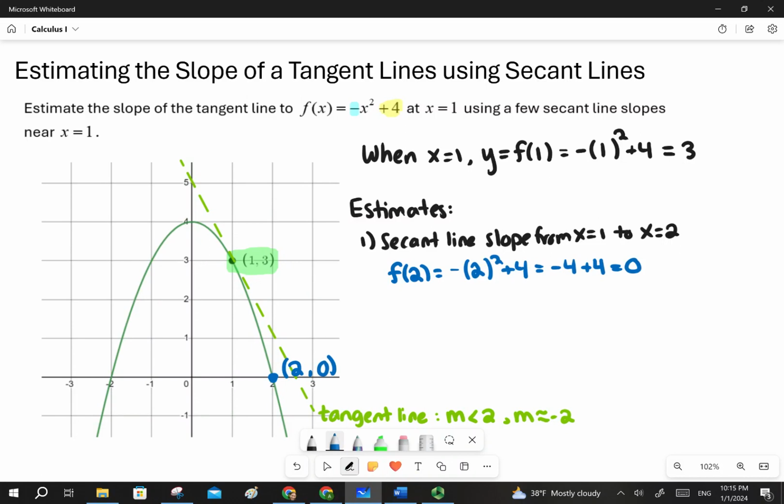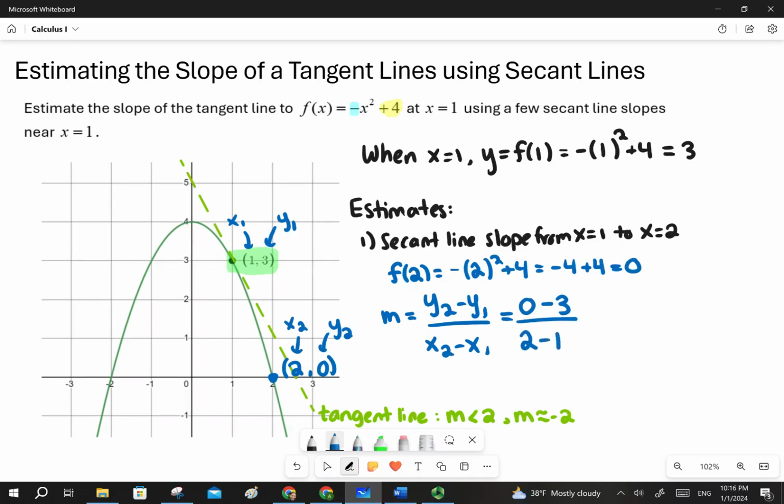Now that I have both points, (1, 3) and (2, 0), I can use the slope formula, which, remember, is the same as the average rate of change formula, y2 minus y1 over x2 minus x1, which is 0 minus 3 over 2 minus 1, which is negative 3 over 1, so negative 3.